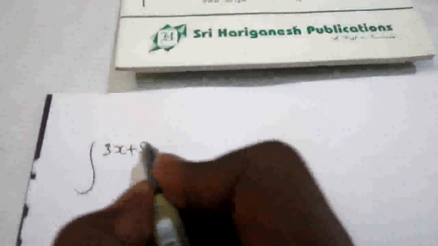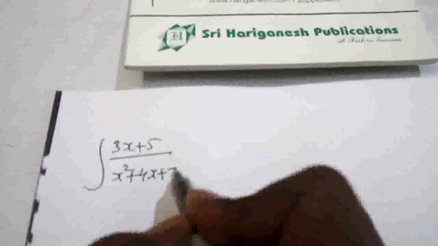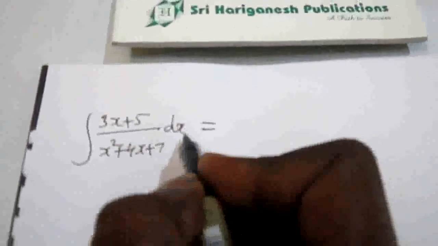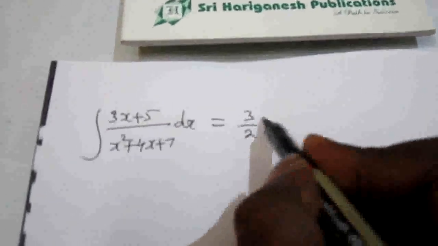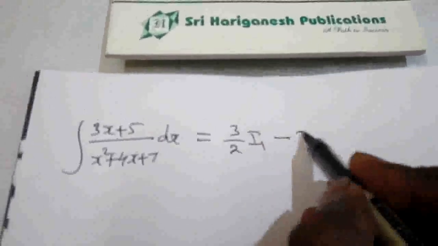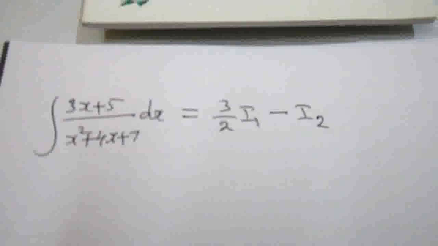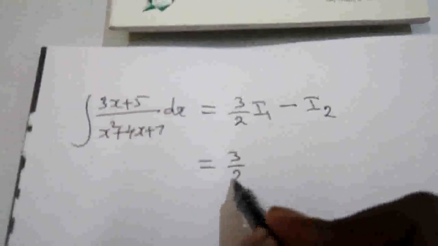(3x plus 5) by (x square plus 4x plus 7) dx is equal to 3 by 2 I1 minus I2. So what is that? 3 by 2 into I1.